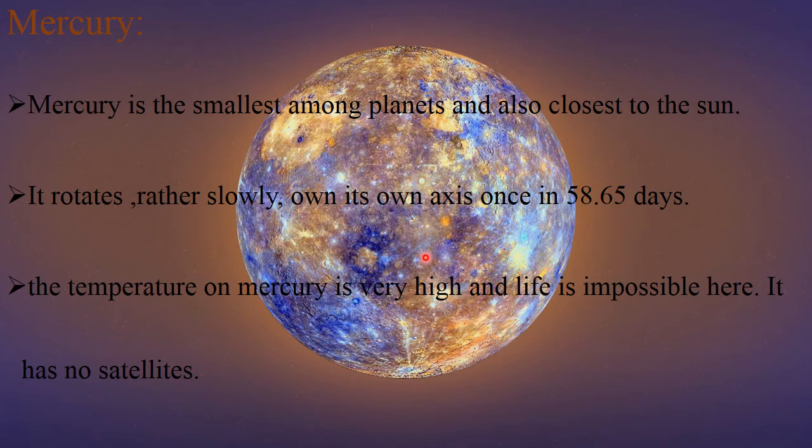When any planet moves on its own axis, this movement is called its rotation. Mercury rotates on its own axis and completes one rotation in 58.65 days. The temperature on Mercury is very high and life is impossible here. It has no satellites.